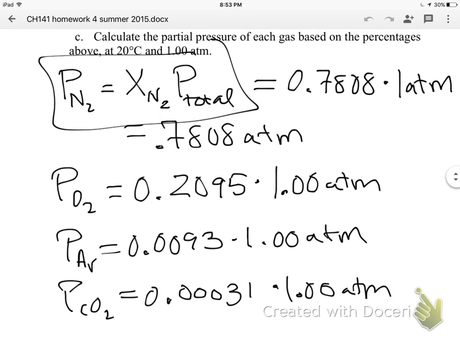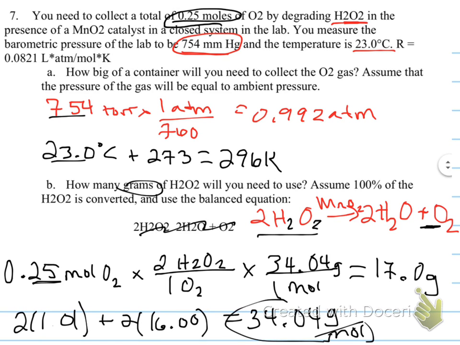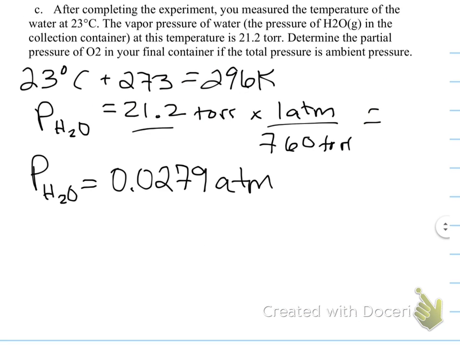So the pressure from the problem here, oh, here it is. The pressure is 754, which is ambient. Ambient means room pressure. We already converted that, 0.992 atmospheres. Or I could use it in 754, but I like atmospheres. That's the ambient pressure, or what you would call pressure total.